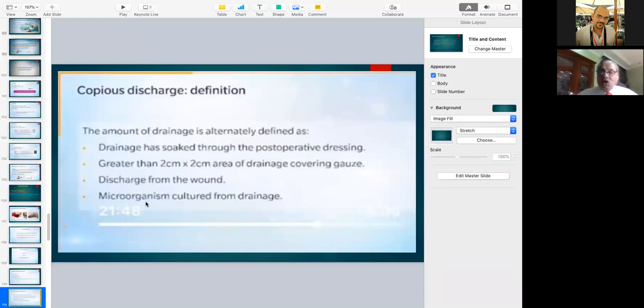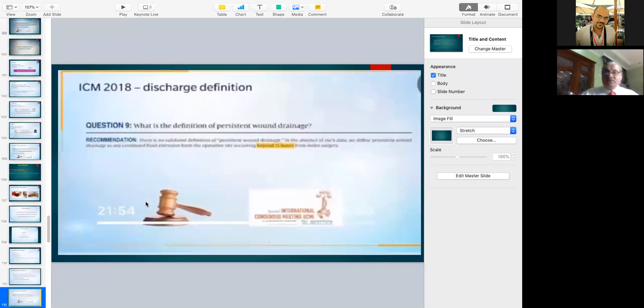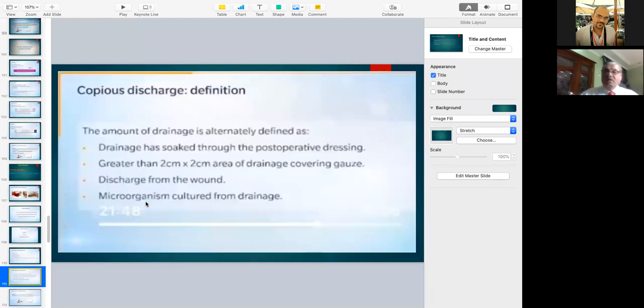Drainage has soaked through the postoperative dressing, the whole dressing became wet. Greater than 2 cm by 2 cm area of drainage covering gauze, the area. Discharging outside the wound from the gauze. And there is microorganism cultured from the drainage. This is what we say copious discharge.